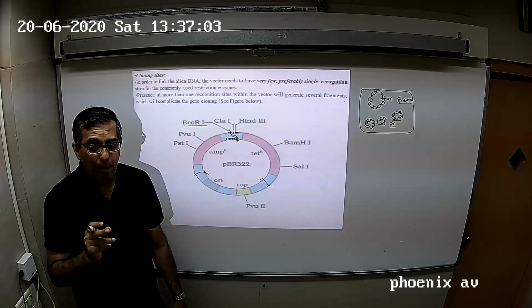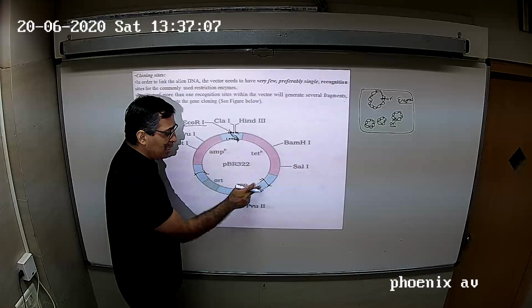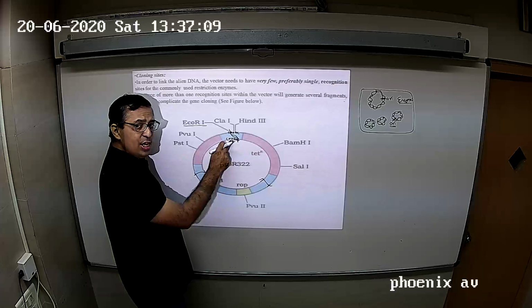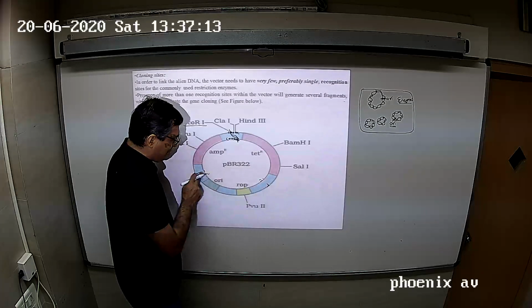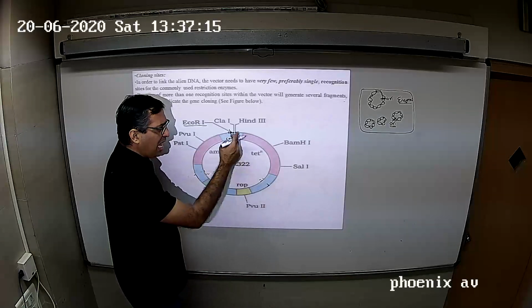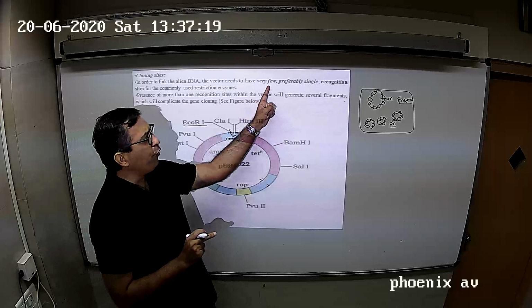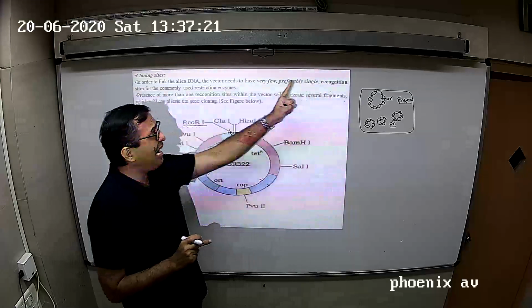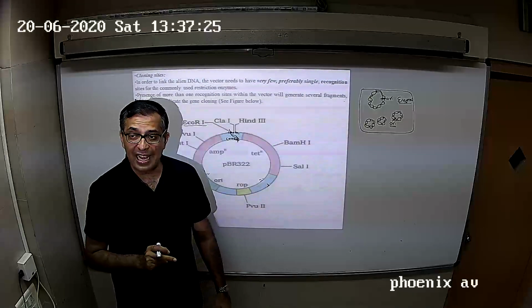So sir, you should have a recognition site, but you should not have multiple recognition sites, otherwise the restriction enzyme will cut it at multiple sites and the plasmid will become fragments. So you should have few, preferably single, recognition sites for the commonly used restriction endonuclease enzyme.